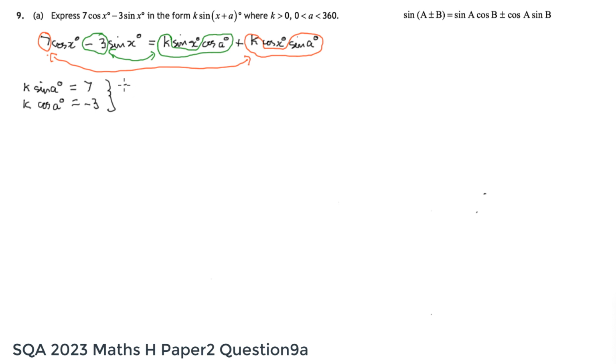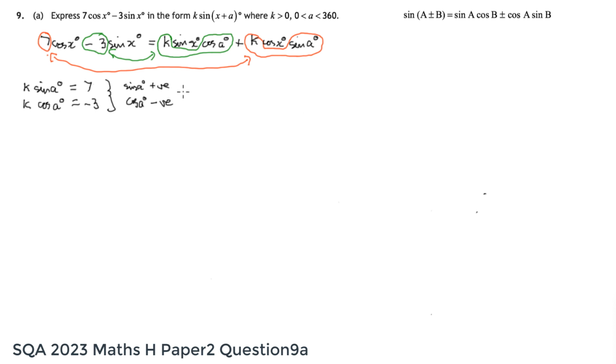So sine A is positive. And from the second equation, since k is positive and the right-hand side is negative, cosine of A must be negative. Positive times negative will give us negative. So we know that the cosine of A is negative.